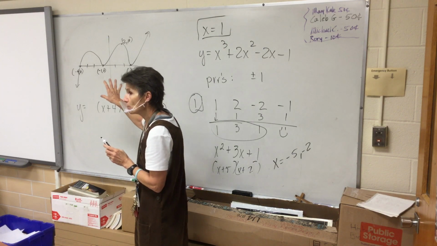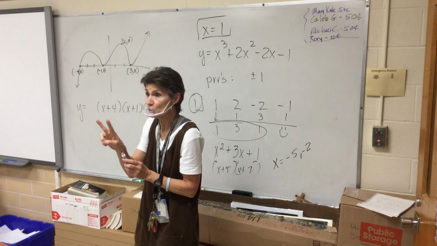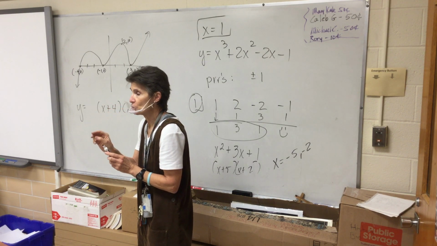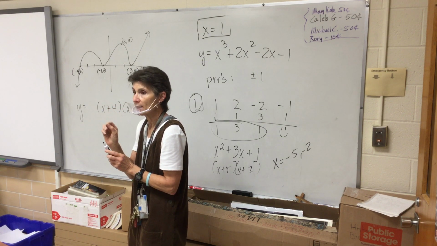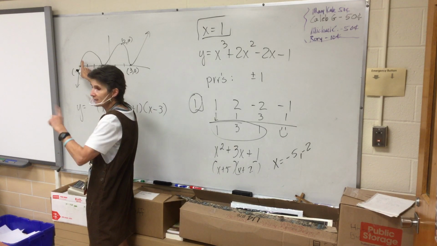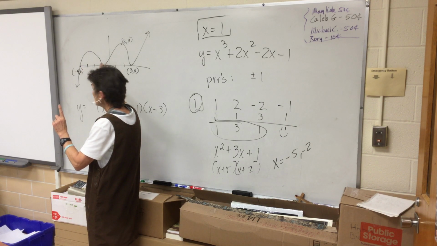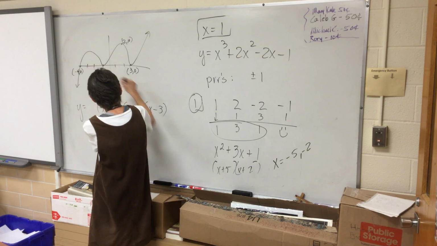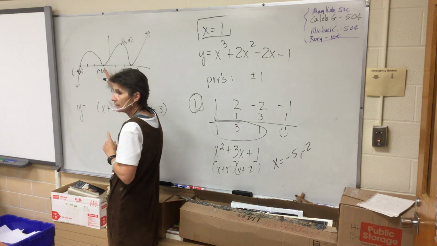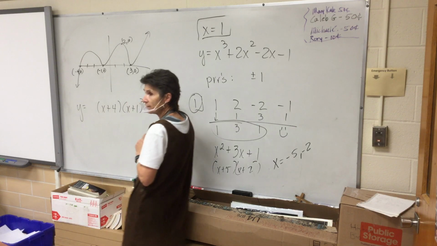You can tell from your picture, because if there's a power of 2, what does your picture do? Bounces off, right? So that one goes through. No exponent. Look at this one though. What is that doing? So that means the x plus 1 is going to get a square. And so is the x minus 3 going to get a square?